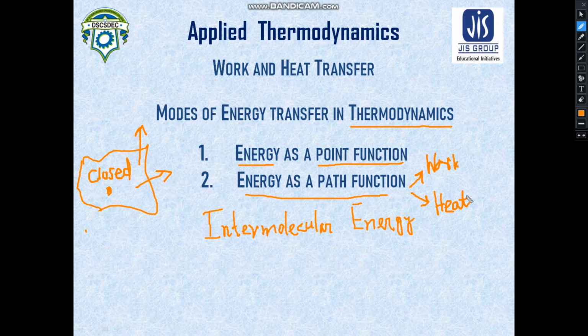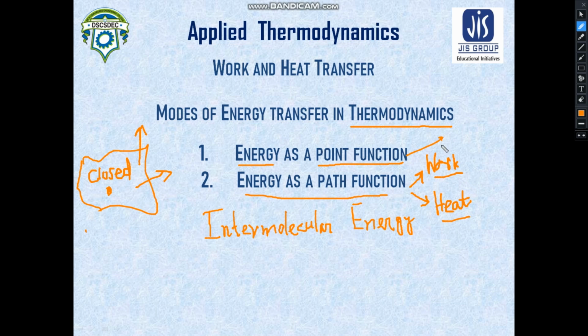So there are numerous kinds of work transfer, but broadly, when the energy transfer takes place through the boundaries, there are two basic categories: work transfer and heat transfer. I hope you have understood it.